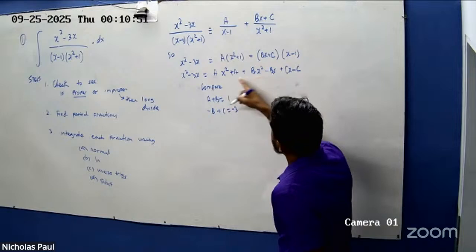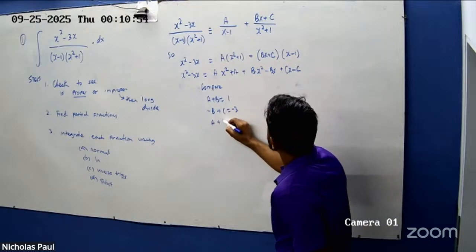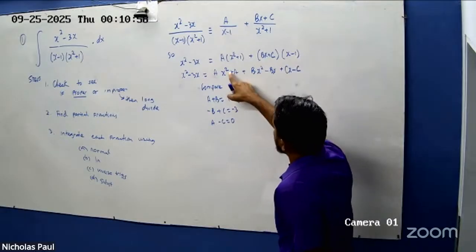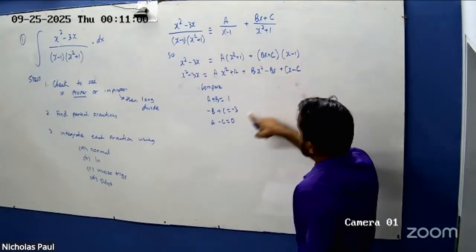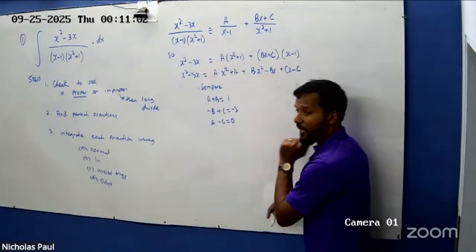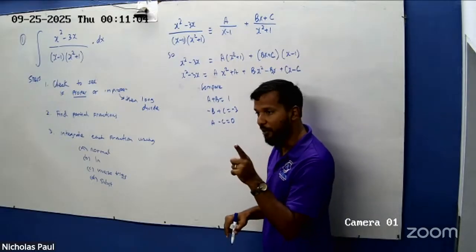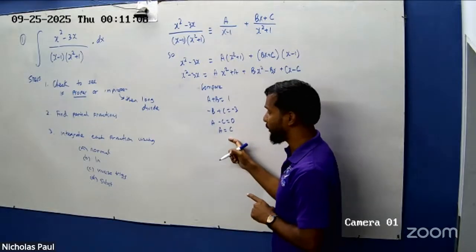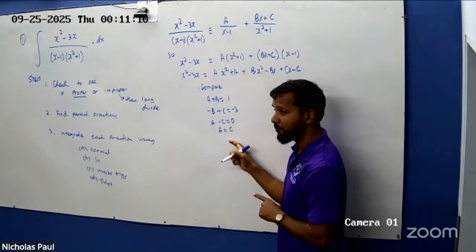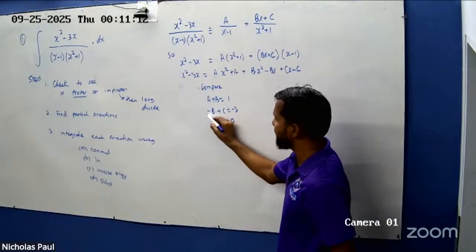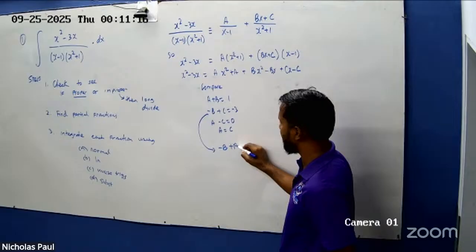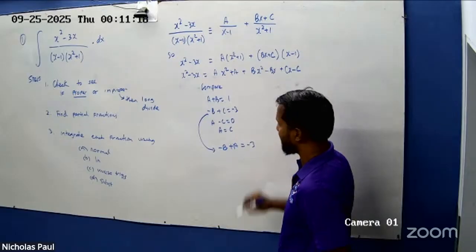And lastly, a minus c is equal to 0. So once we reach here, with 3 equations, we have to get rid of one of the variables. So we know that a is equal to c.